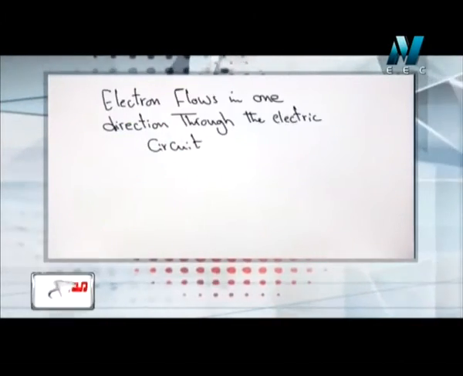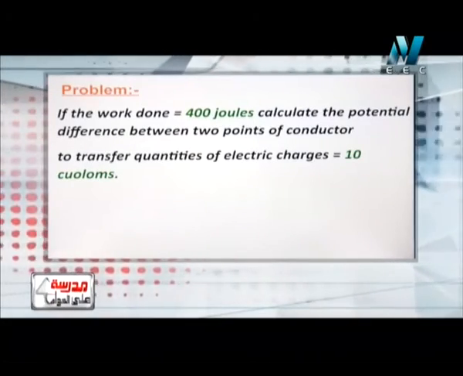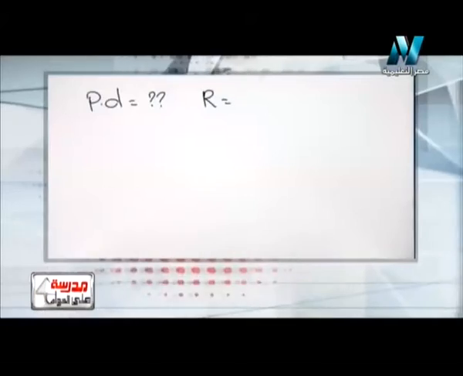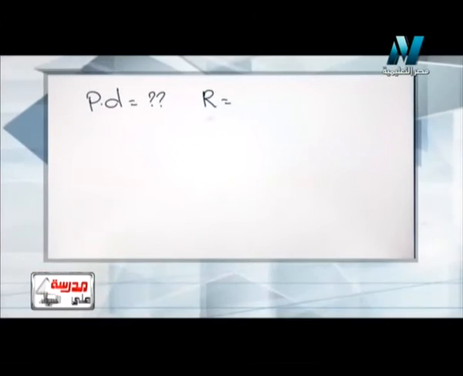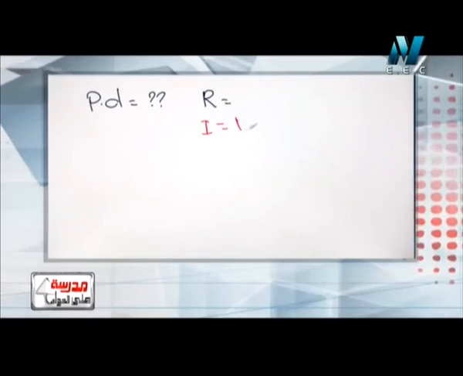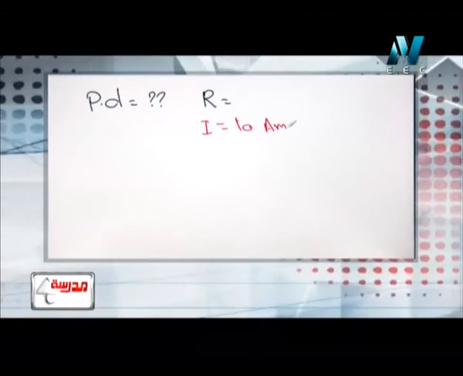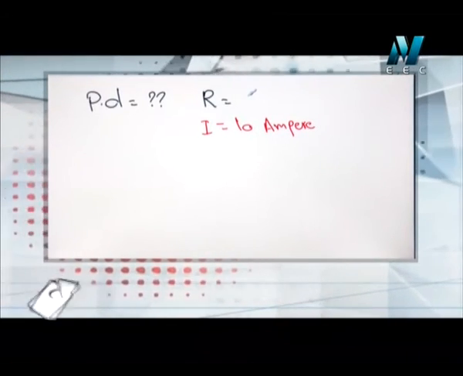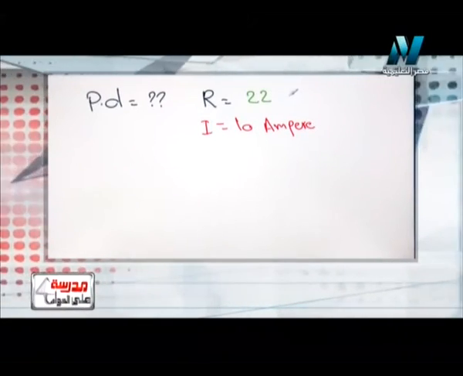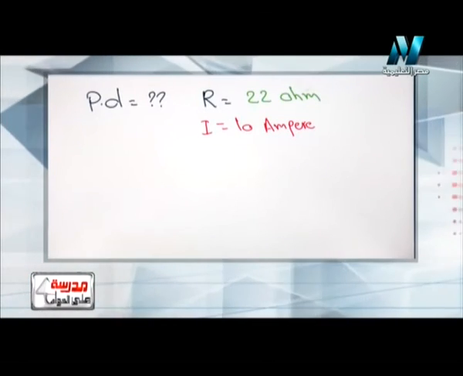All right, calculate the potential difference between the two ends of a vacuum cleaner whose resistance is 22 ohms. The potential difference is unknown now, and the current intensity passing through it is 10 ampere.